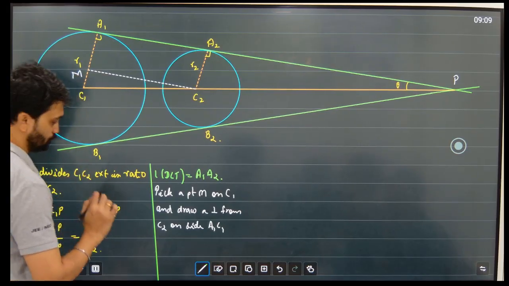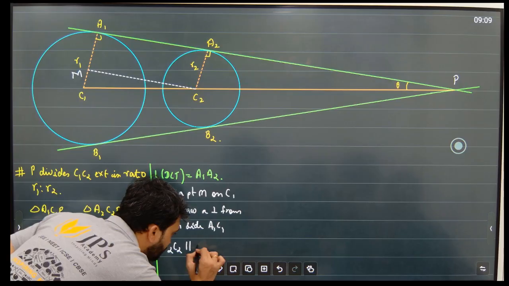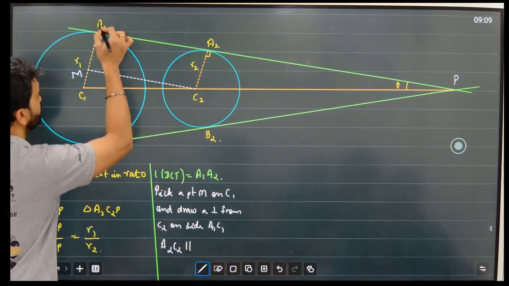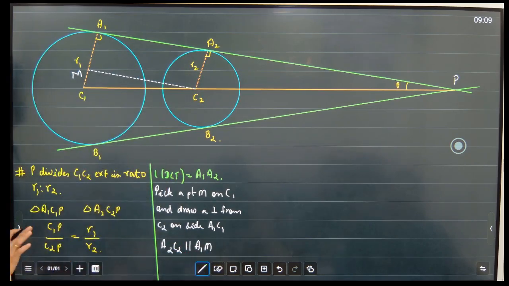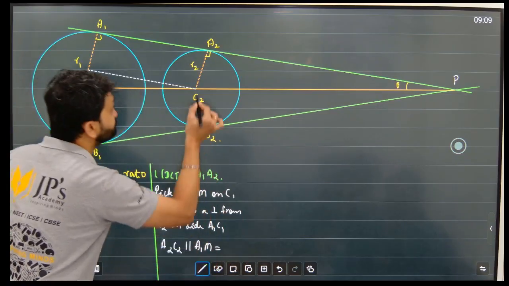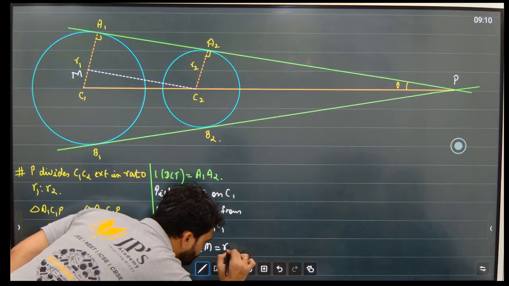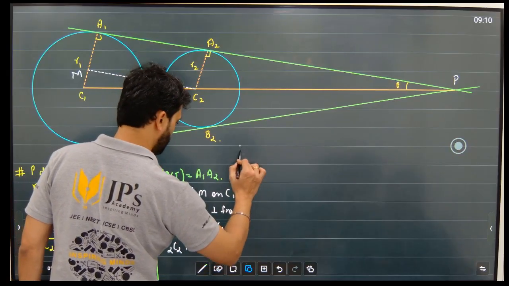Very good. So A2 C2 is parallel to A1 M, which is nothing but A2 C2 is R2. So this will also be R2. Any doubts here?